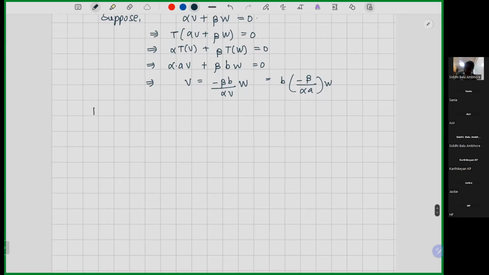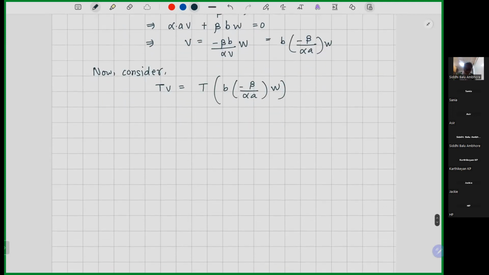So now consider this Tv. Now v has this expression. So Tv will be B times minus beta by alpha A w, right? But Tv we know here is Av, and as per this, I will get B into T of minus beta by alpha A w.